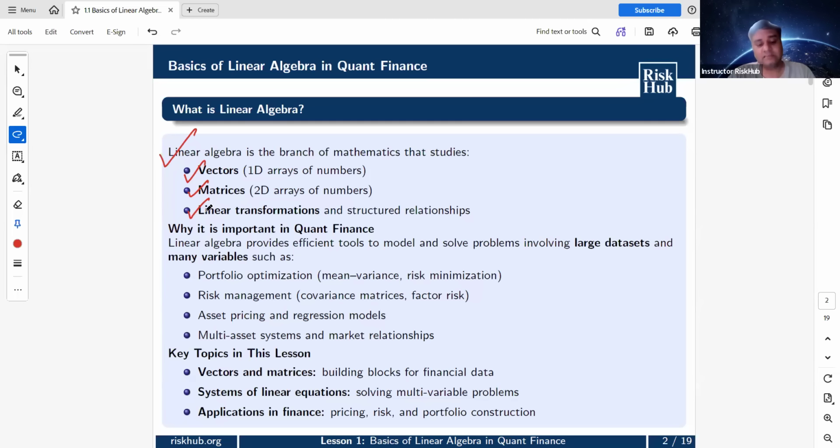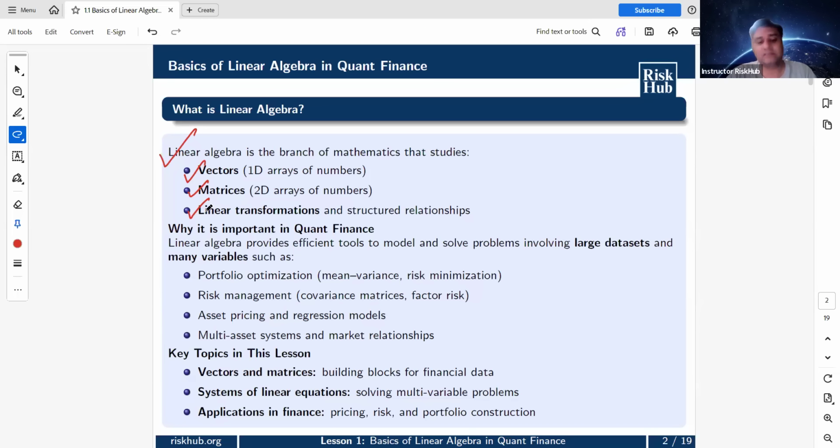In quant finance, the real issue is scale. You may have 500 stocks, 20 risk factors, and 10 years of daily data. You cannot handle that manually. Linear algebra gives you a structured way to model the system. A portfolio in the Indian context is not just a few stocks like Reliance, HDFC, or Infosys.